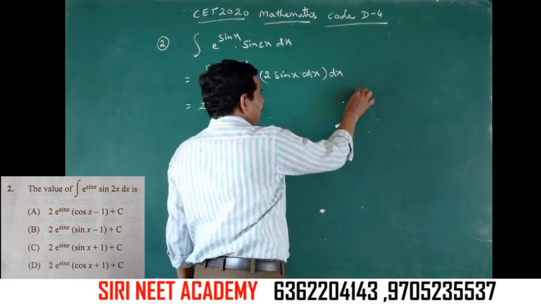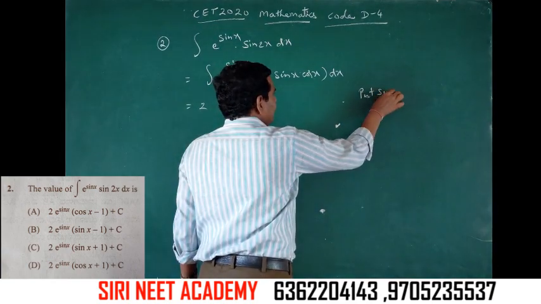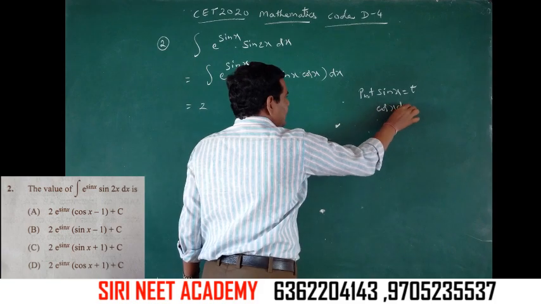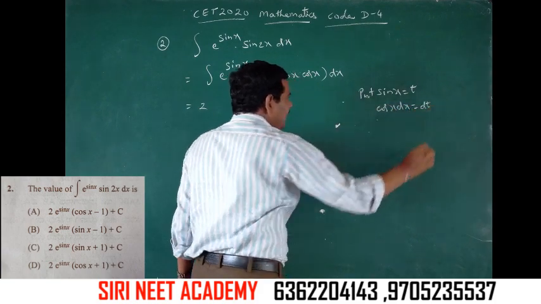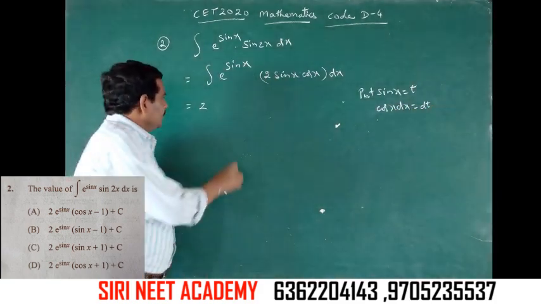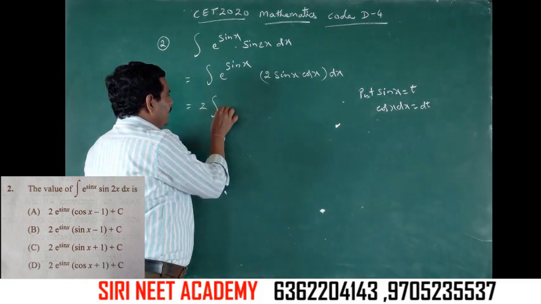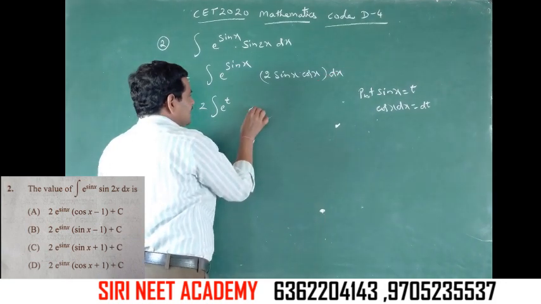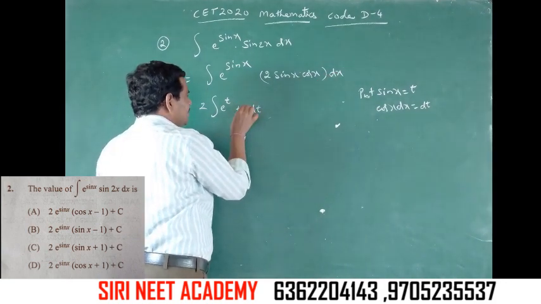Substitute sin x = t, so that cos x dx is equal to dt.